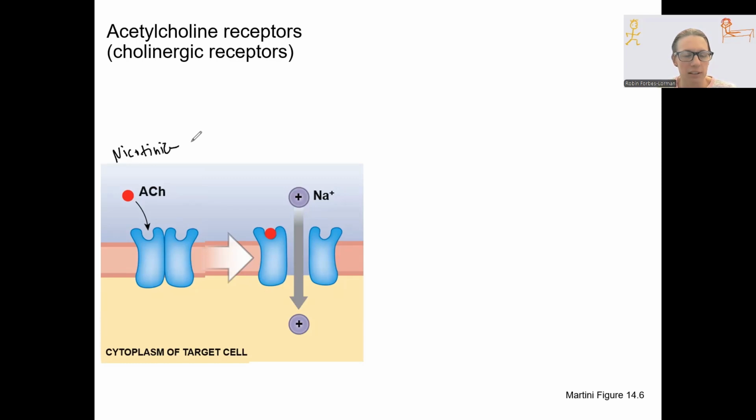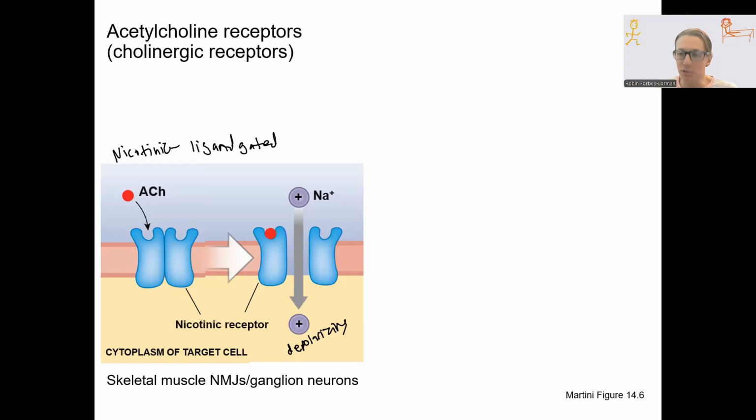Nicotinic. It's ligand gated, right? Acetylcholine binds to the ion channel itself. That causes the ion channel to open and primarily sodium to flow inside the cell, depolarizing the target cell. So that's a nicotinic receptor.